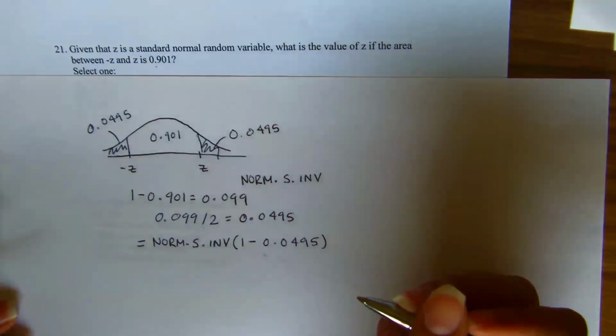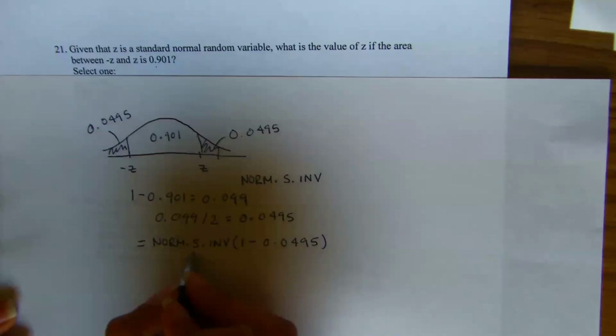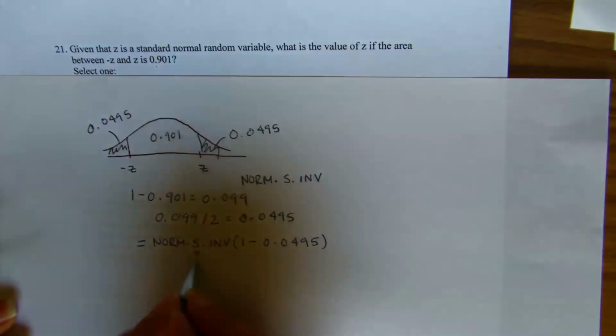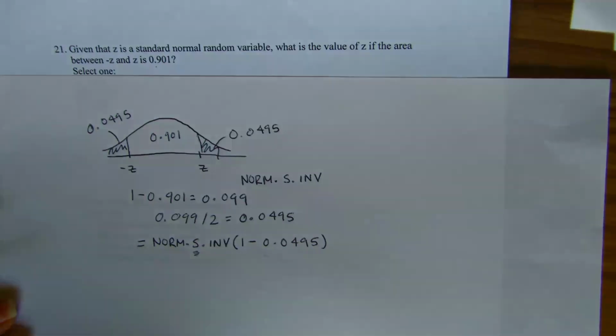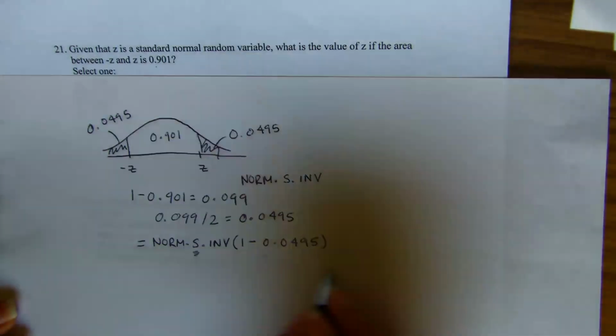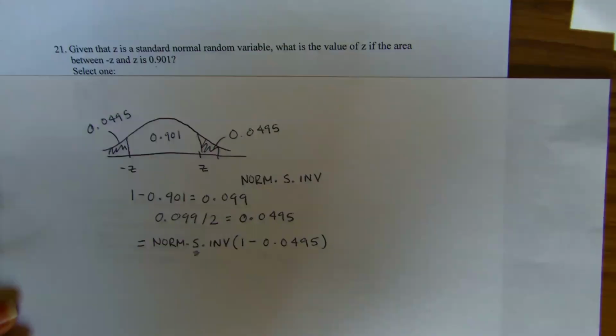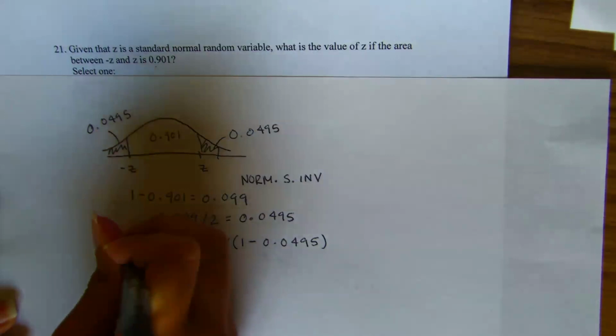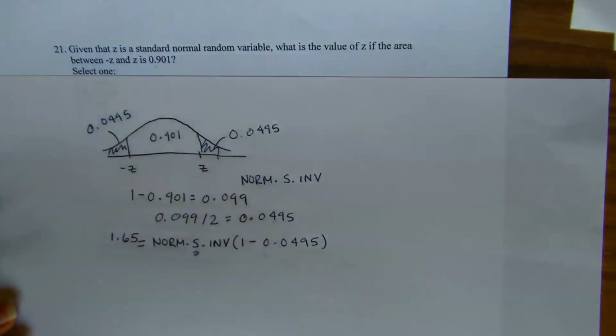And I'm just going to point this out right now. The reason we use S is because we have a standard normal distribution. The S here stands for standard normal. So yeah. Okay, so when we plug this into Excel, we are going to get 1.65. This is rounded.